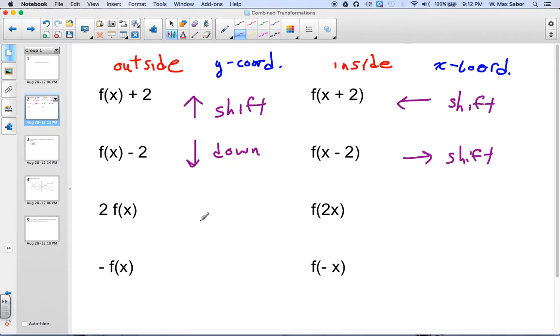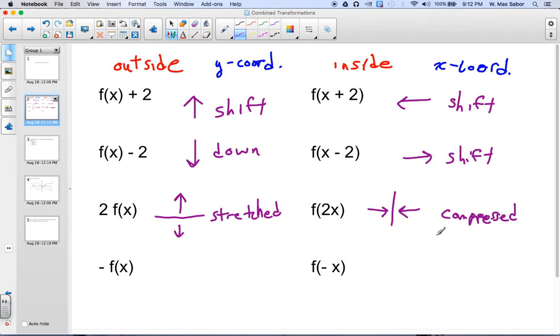When we multiplied by 2 outside, what happened was we went from the x-axis and then we stretched vertically. Whereas if we multiplied inside, that compressed toward the y-axis.